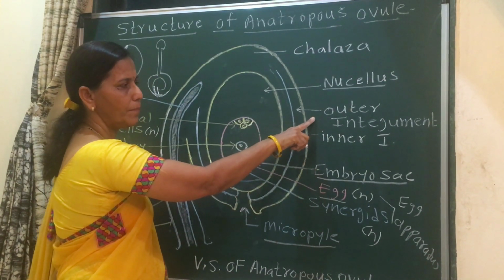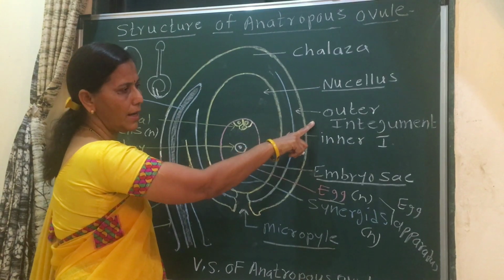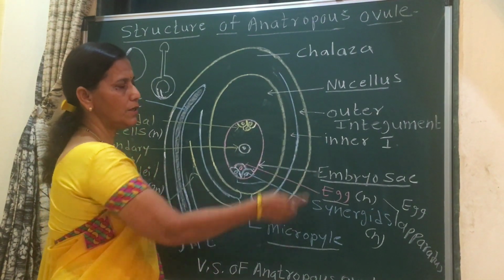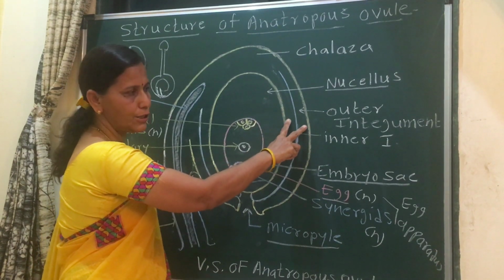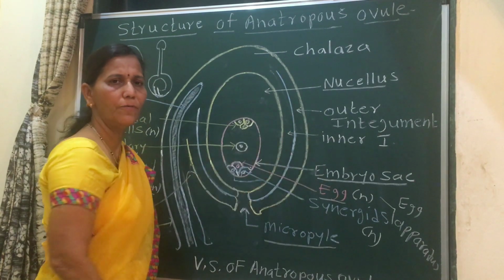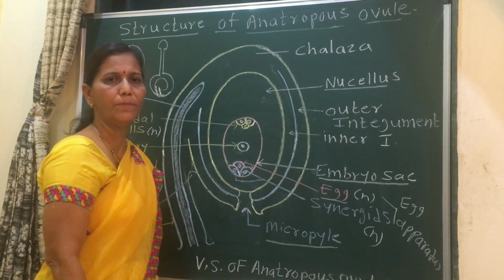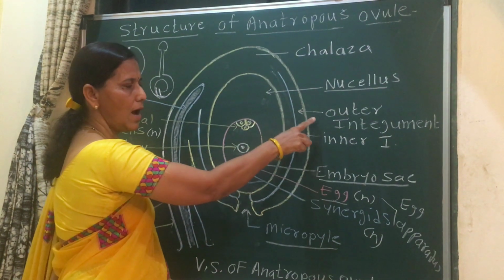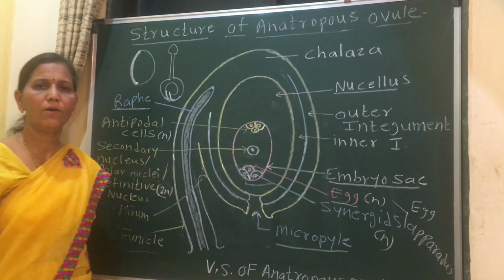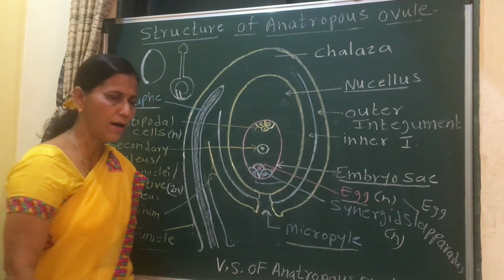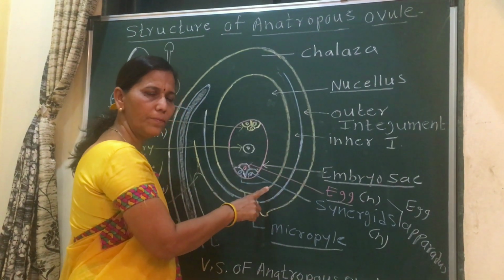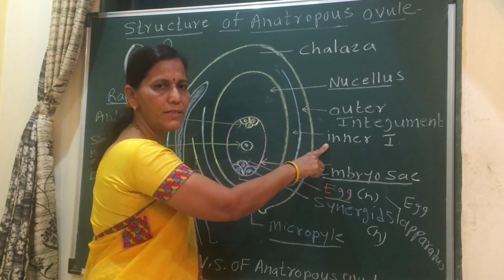Then function of outer integument and inner integument: protection, and second function, after fertilization, these 2 integuments form the covering of the seed. The outer integument forms the outer covering of the seed, that is the testa, and inner integument forms the inner coat of the seed, which is called as tegmen.